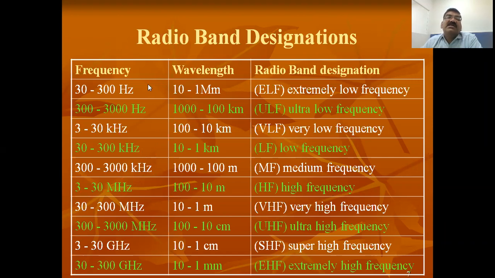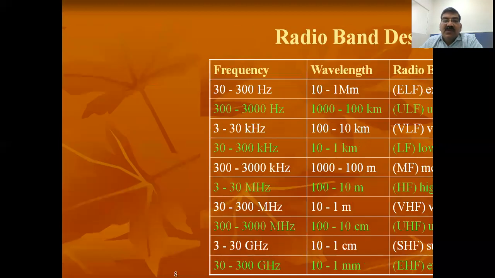These lower frequencies are generally not used in communication; the higher frequencies are. So this is a general bifurcation of the frequencies in comparative terms: high frequency, low frequency, very low, this way. Previously it was used.